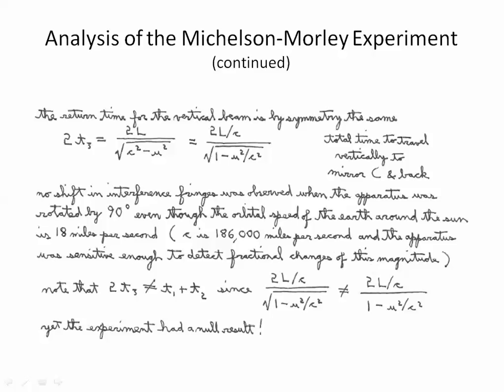The expressions for 2 times t3 and for t1 plus t2 differ by a factor of 1 over the square root of the quantity 1 minus u squared divided by c squared. This factor is gamma.